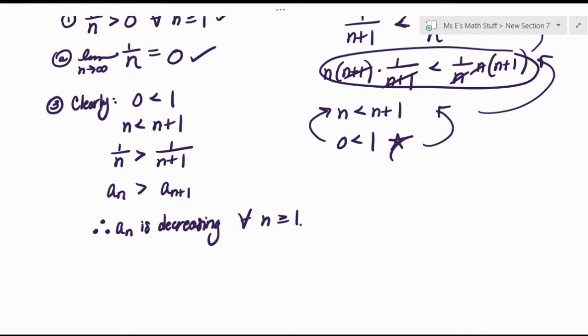There we go. Okay. So you've got all three things, right? You've got terms are positive, terms go to 0, terms are decreasing, and that's all it takes. Those three criteria are met.